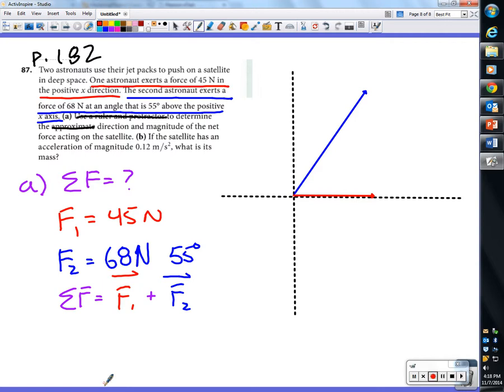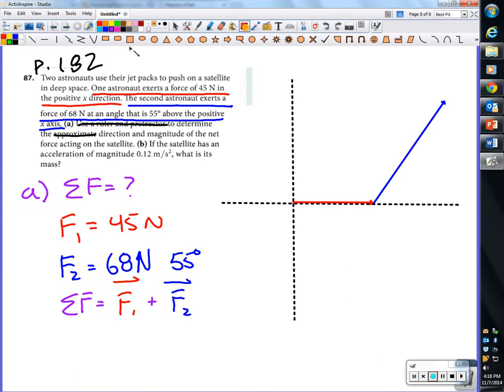Just like we did in the previous problem. These two vectors are not lined up properly to find the resultant. So I'm going to take F2 and move it to the end of F1 and then draw in the resultant vector from the beginning of the first to the end of the last.